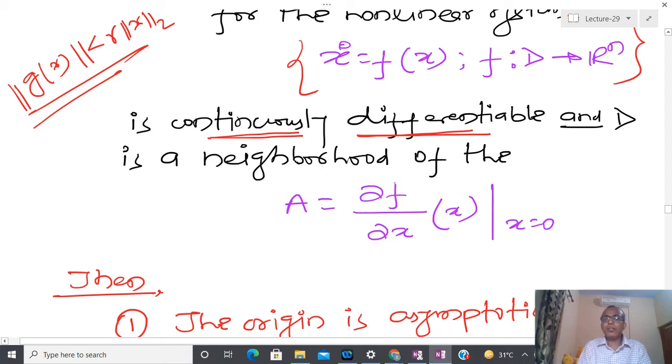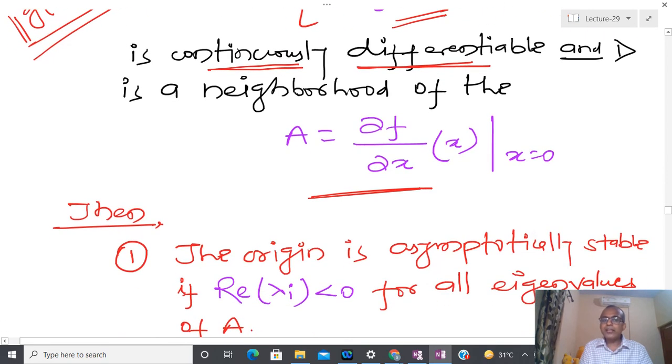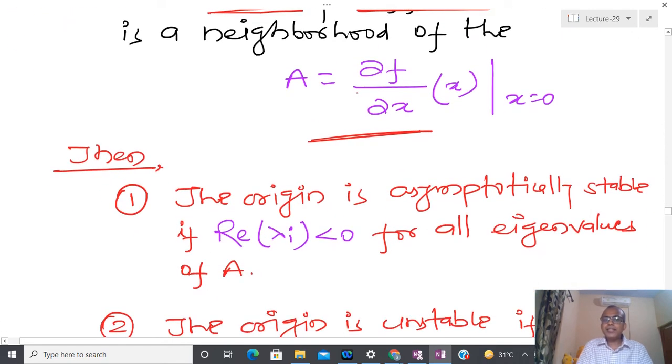So please be careful: whenever you are linearizing, I have to make sure that f is continuously differentiable. And in the neighborhood of x equal to 0, if A is given like this, then by checking this Jacobian matrix A, the origin is asymptotically stable if the real part of the eigenvalues of the Jacobian matrix A, which I have represented as lambda i, is strictly less than 0 for all eigenvalues.